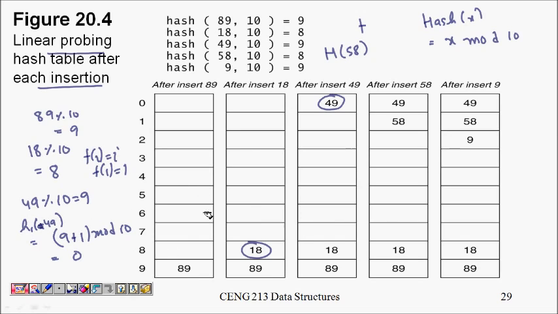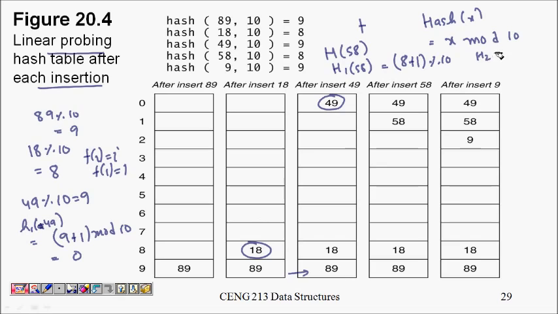And then we have hash of 58. 58 modulo 10 is 8, so it comes to the 8th position, but there is a collision. So h1 of 58 will be 8 plus 1 modulo 10, which is 9, so again it finds a collision.